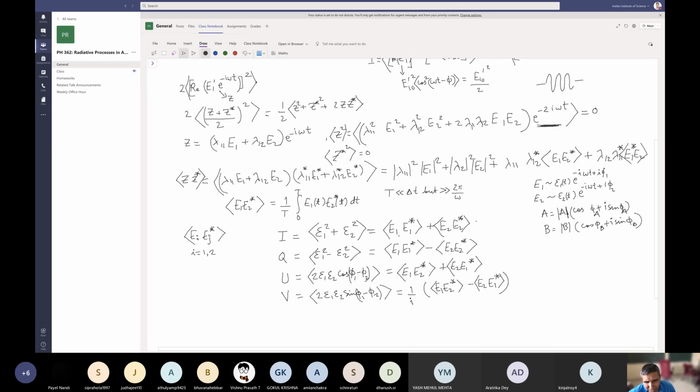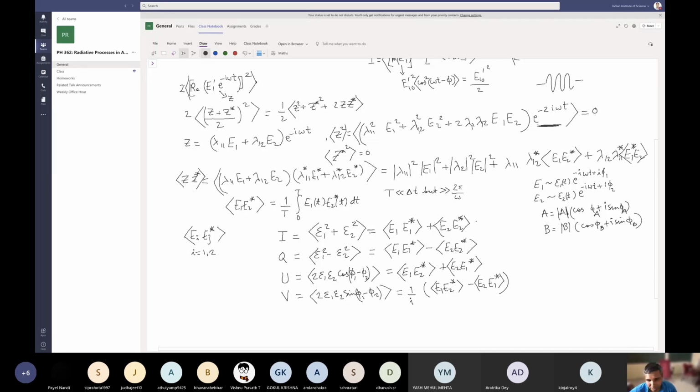So if you know the complex representation of the x and y components, you can easily get I, Q, U, and V. Previously we had written this in terms of the principal ellipse representation of the polarization. So this was epsilon 0 squared, and this was the difference between the semi-major and semi-minor axes, and U and V were related to the orientation of the polarization ellipse relative to x and y.